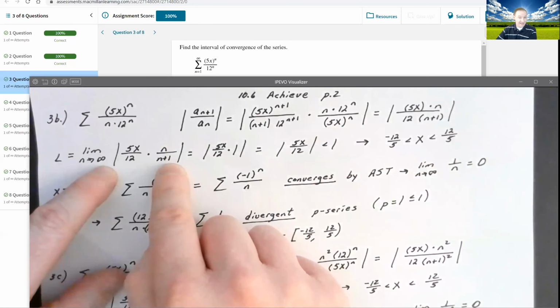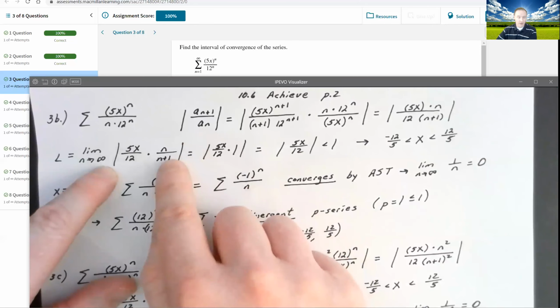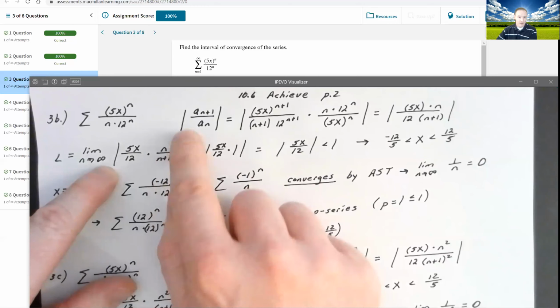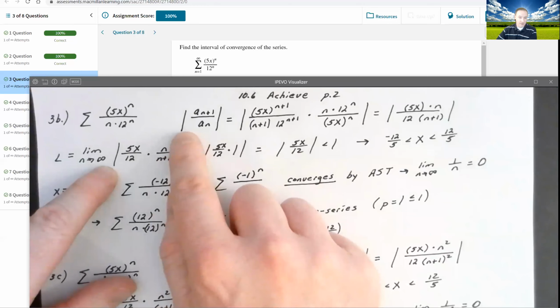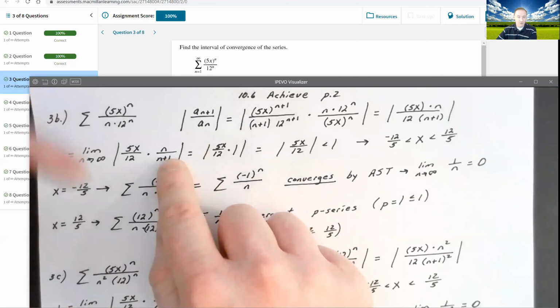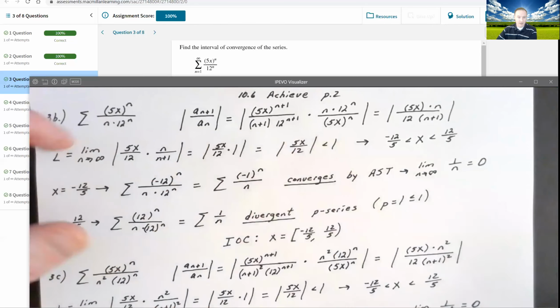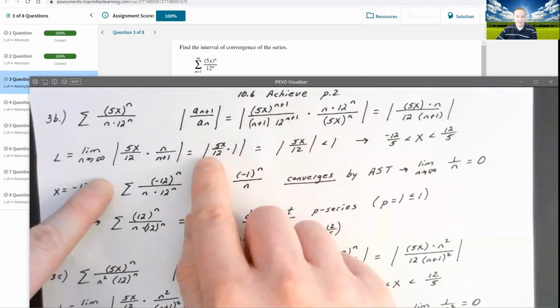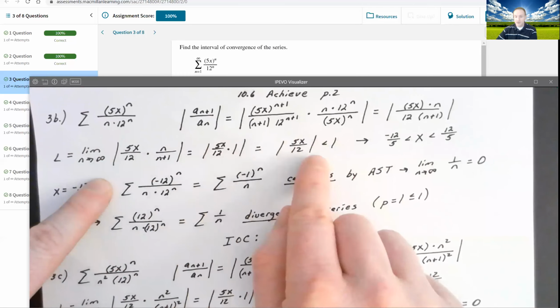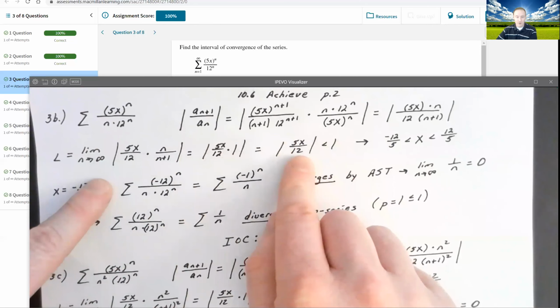Anytime you have a polynomial in the numerator and a polynomial in the denominator, if the degree of the numerator and denominator is the same, which is true, then the limiting value is just the fraction of leading coefficients. Clearly, that just goes off to 1. So I have 5x over 12 times 1, which takes me back to my 5x over 12 again.